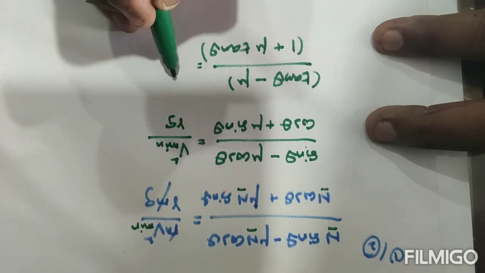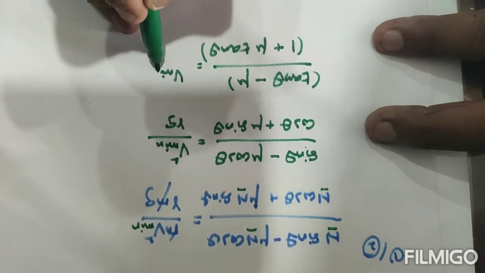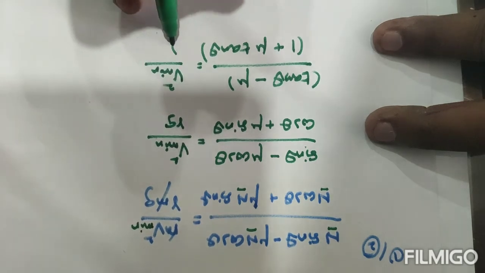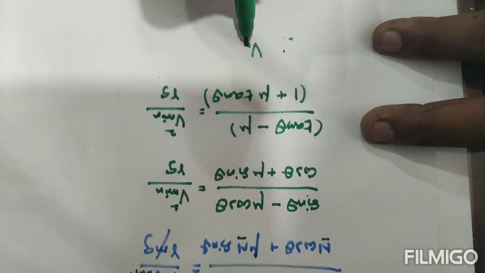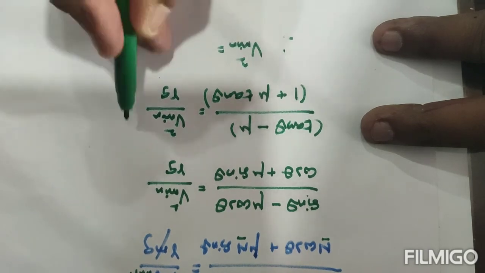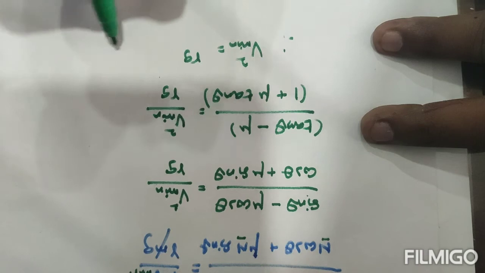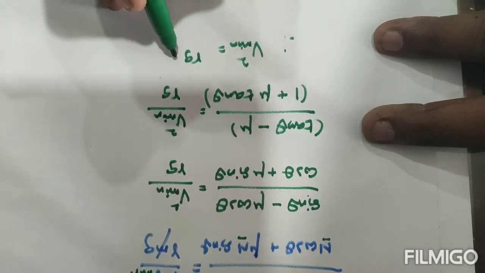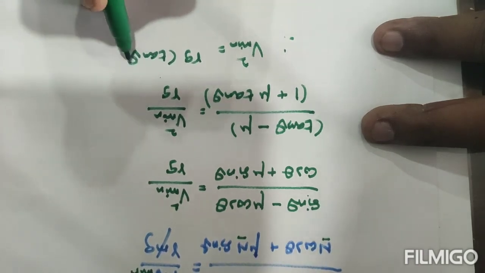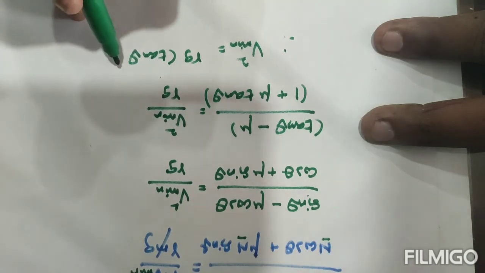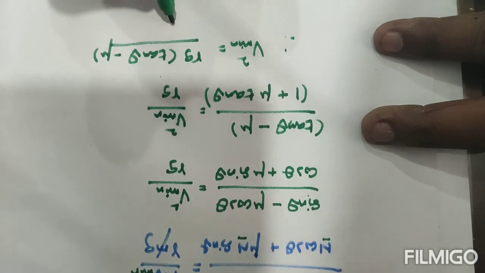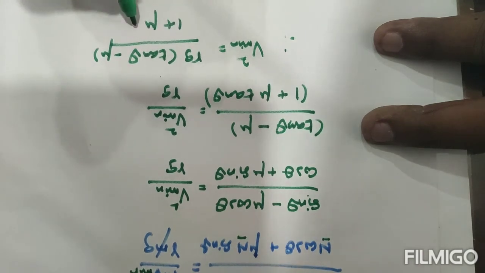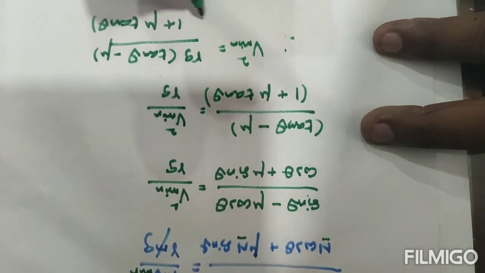So here again minimum speed square divided by rg, therefore minimum speed squared is equal to rg into tan theta minus mu divided by 1 plus mu tan theta.